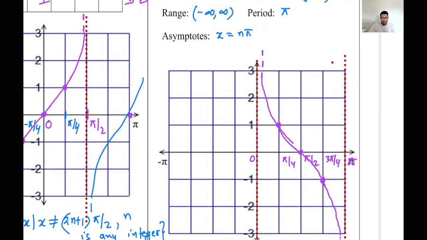Another important point of view you can have here is that when you are close to 0, between pi over 2 and 0, you are in the first quadrant, so it goes to plus infinity. Between pi over 2 and pi, you are in the second quadrant where cotangent is negative, so it goes to negative infinity on that side. You can see it that way also.